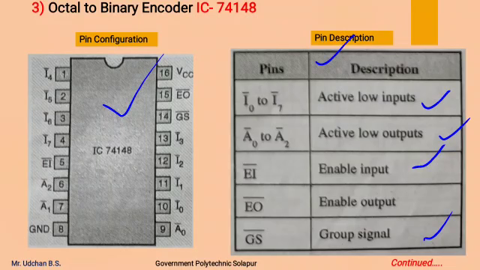It is used to indicate that one of the inputs is low, that is active. If all the inputs are inactive, that is high, then the enable output goes to logic 0. This pin, enable output, works as a 0 when all the inputs are inactive.